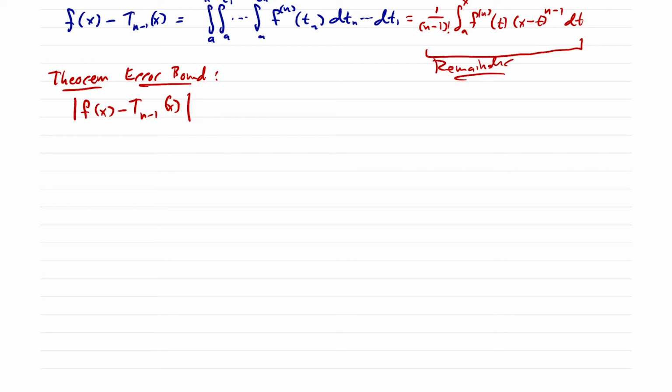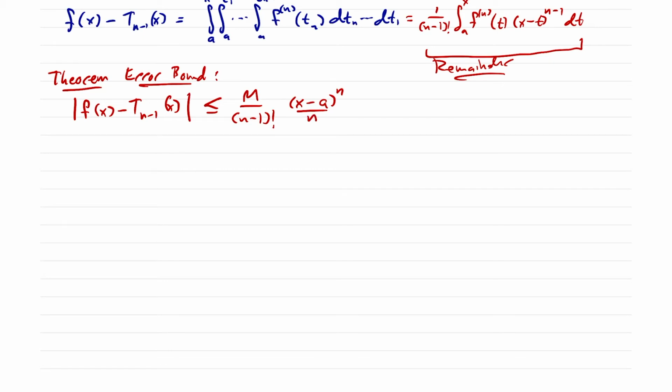Okay, so this quantity is less than or equal to M over (n minus 1) factorial times (x minus a) to the n divided by n, I think. Does that work out?